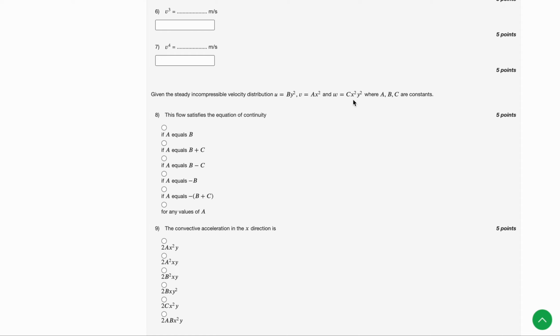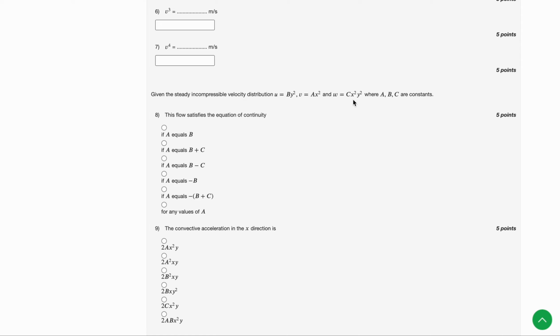Now what is the derivative of u with respect to x? It is 0. What is the derivative of v with respect to y? That is also 0, because there is no y term. What is the derivative of w with respect to z? This is equal to 0.